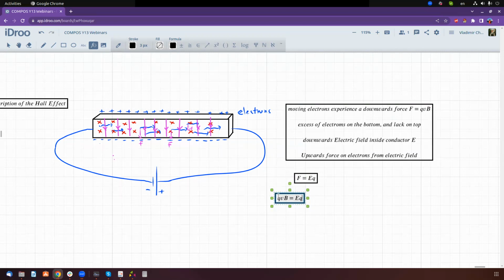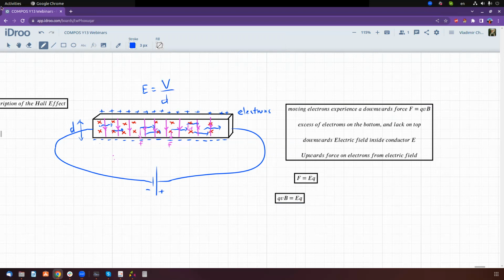Now the electric field, and we know that in a uniform electric field, if this is the distance between the plates, E is equal to the voltage between divided by the distance.